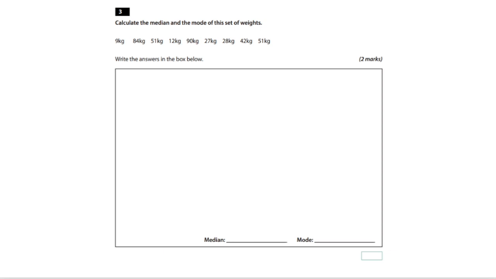So first of all, let's calculate the median. So we have to put these in order of size. 9, 12, 27, 28, 42, 51, 51, 84 and 90.